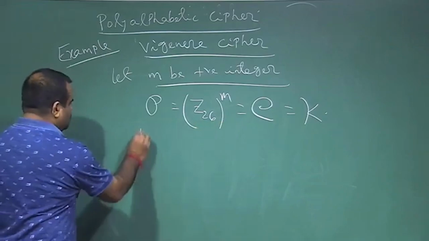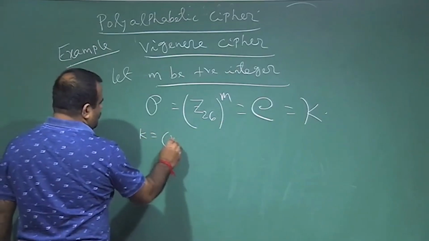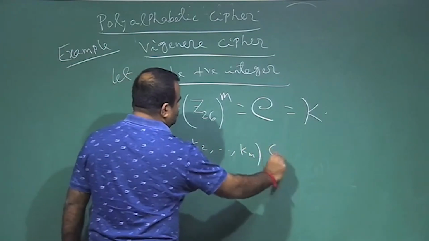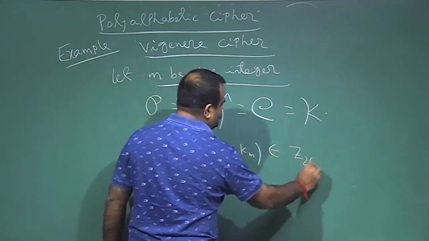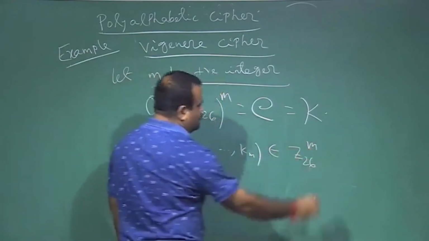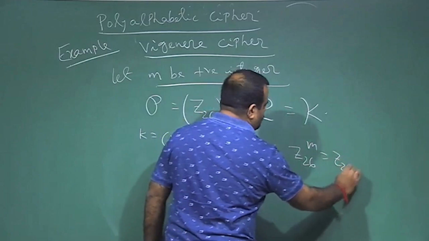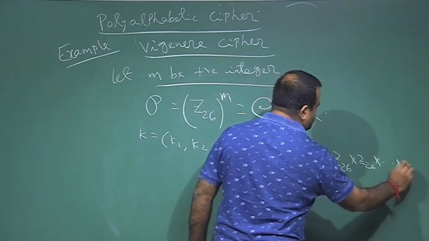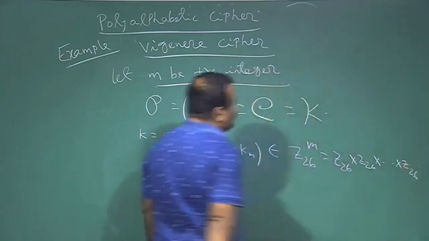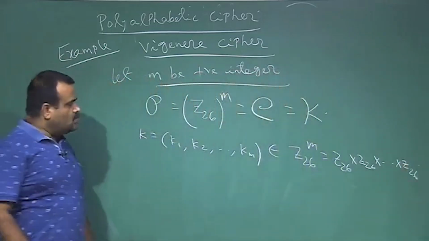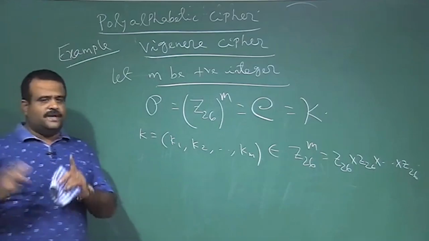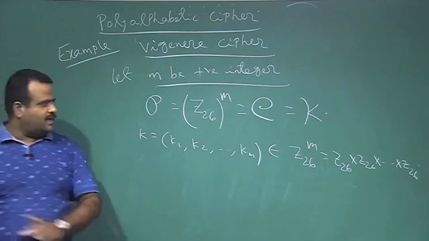A key is basically k1, k2, up to km, coming from Z26 to the power m. To the power m means it is a Cartesian product of Z26. Okay. So, we will use the substitution cipher while moving through the plain text block-wise, m bits at a time.